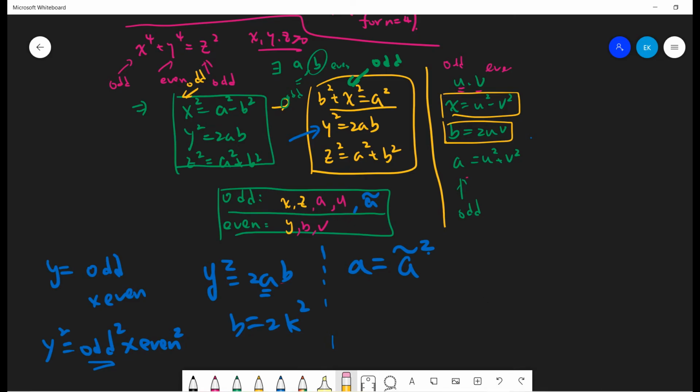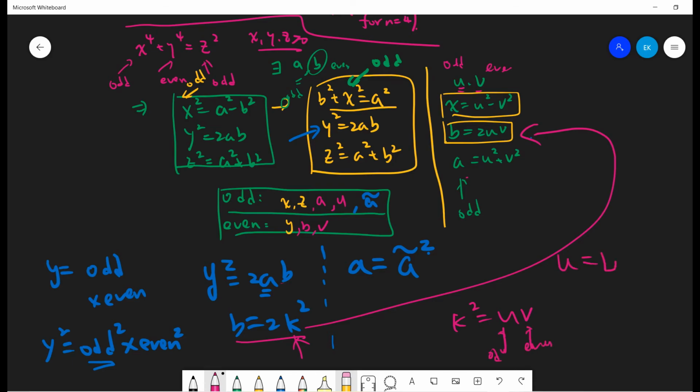So that means b is 2k squared, and I don't care whether k is even or odd, so we can put it in here. You get k squared equals uv. And for the same reason, u is odd and v is even, so u should be another square, capital U squared, where capital U is odd, and small v should be capital V squared, where V is even.